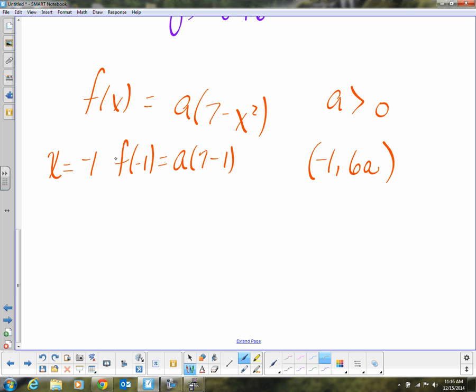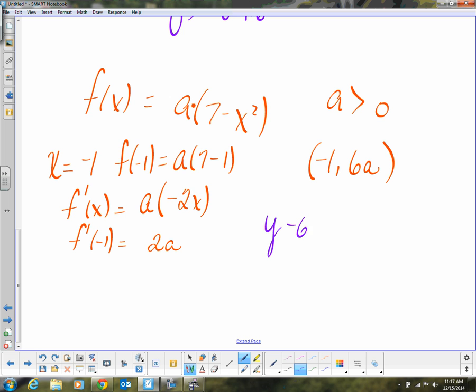All right. What's my slope at negative 1? Is this a product rule? No. So there's my slope function. So the slope at negative 1 is going to be 2a. So if I were writing the equation, I'd say y minus 6a is equal to the slope times x minus the negative 1.